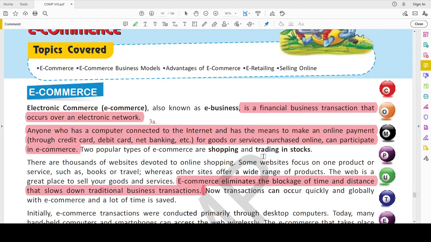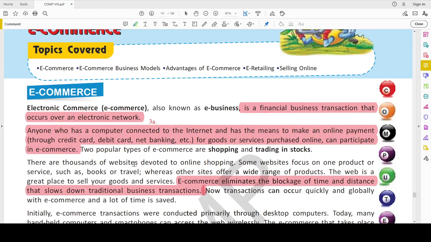So both are types of e-commerce. All of us participate in shopping, but all of us do not take part in trading in stocks. Some people do, so that is also a part of e-commerce.